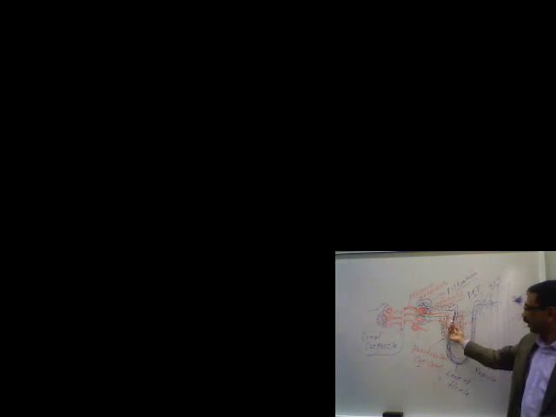Peri means around, so it makes sense. Peritubular capillary. Okay. Around the short loop.